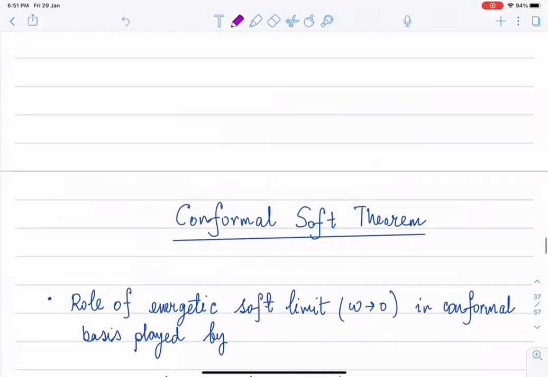Remember that when we were doing this Mellin transform, we had an integral of the following form: d omega, omega to the power delta minus 1, and then some factors of omega. Since we are integrating over all energies, we cannot simply take the usual soft limit where we consider the omega going to 0 limit.